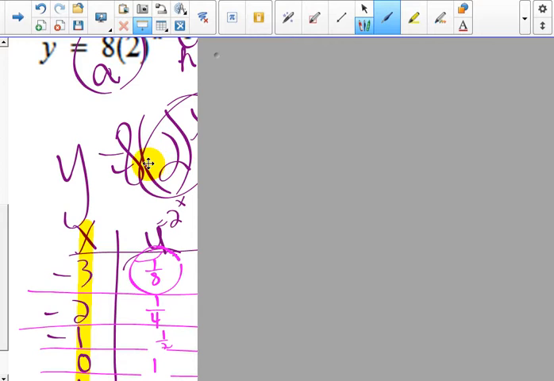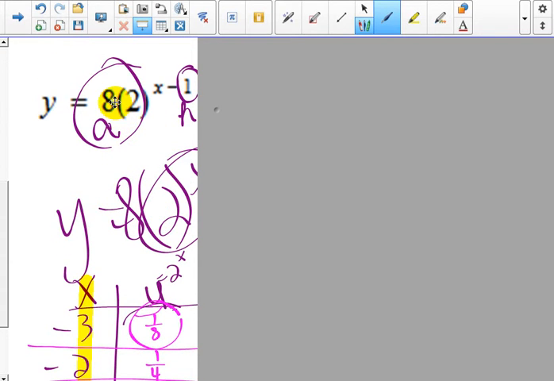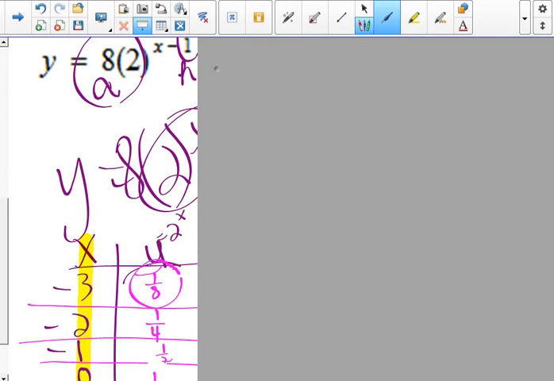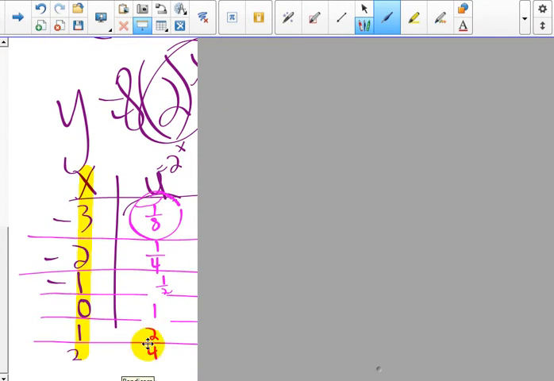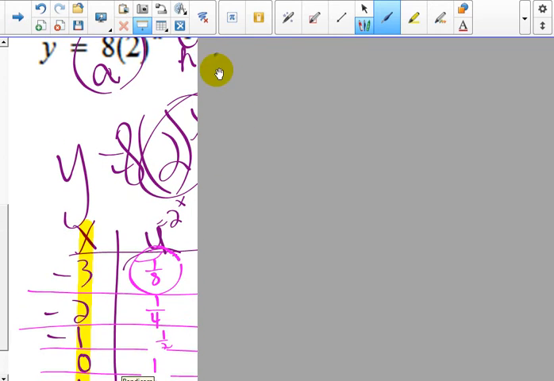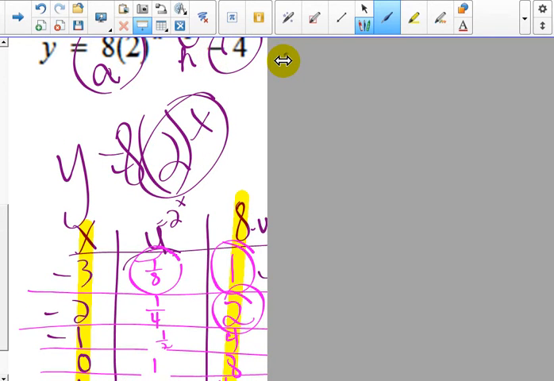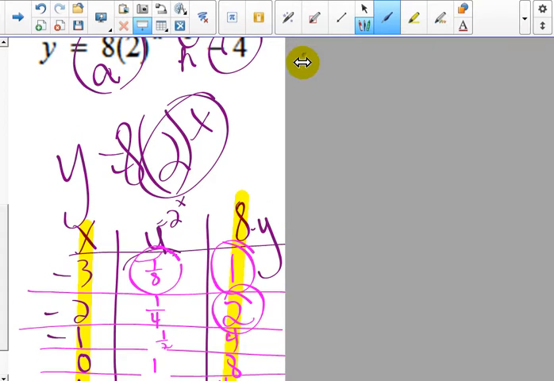Now we're going to apply our stretch of 8, our a value. So take that y value that we just calculated and now multiply all of this column by 8. And this is how we did it in class. So your 8 times your y value.